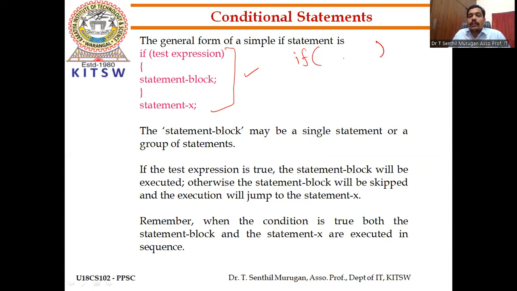If the condition is true, the result is 1; false means 0. If true, it will execute this block. If false, it will go to the next statement in the program. If there is no statement, it will be over. If any statement is there, then it will work.